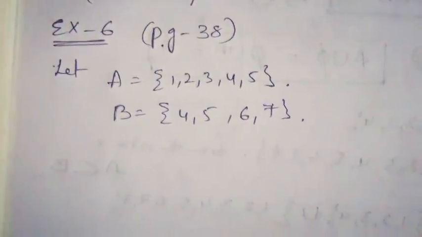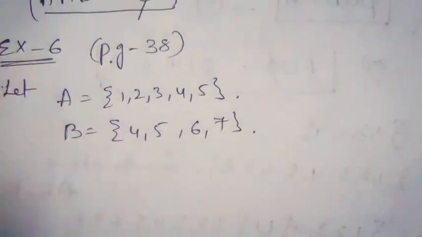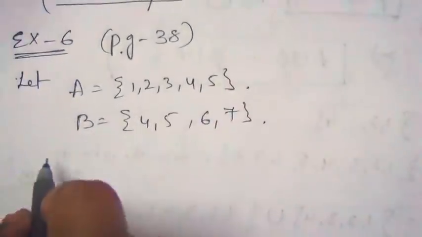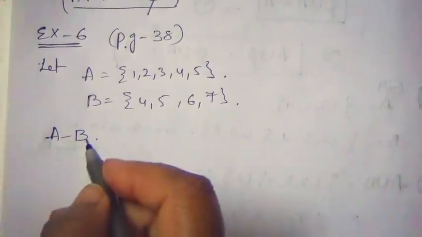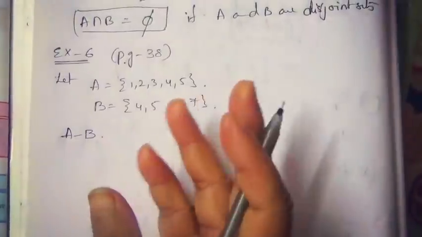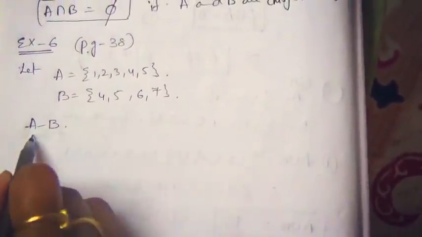This sum is related to the difference of two sets, that is, A minus B, which you have to find. Till now you know about union and intersection; now it is about the difference of two sets.